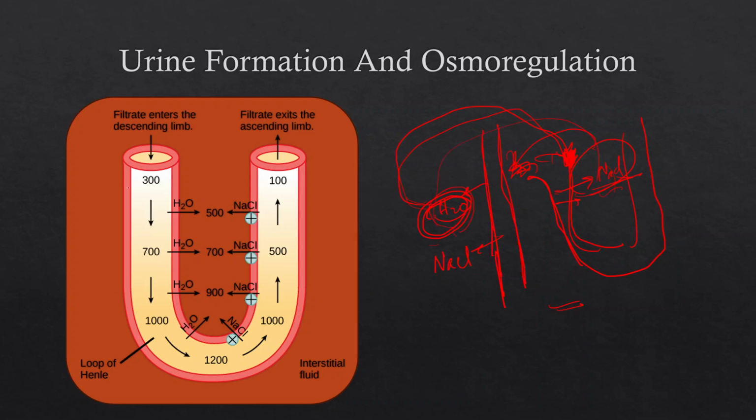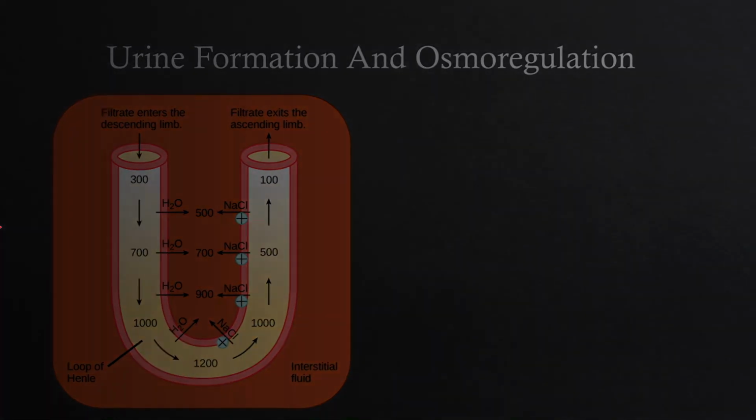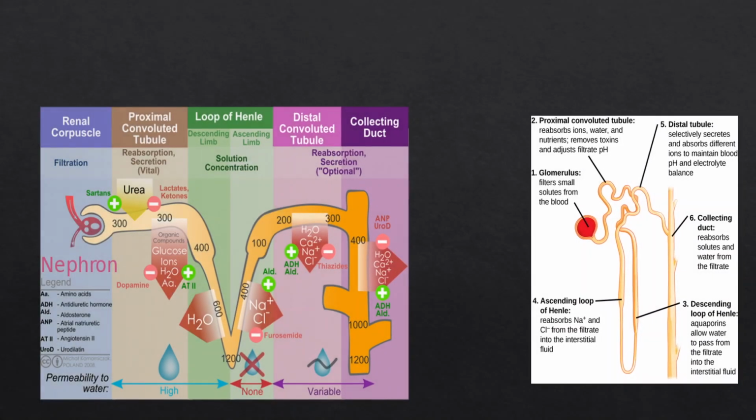This is the osmolarity: 300, 700, 1000, 1200, 1500, 400. This is 1200 at the interstitial fluid. I'm hoping this question comes in NEET. Just go through this osmoregulation, it will be very easy.